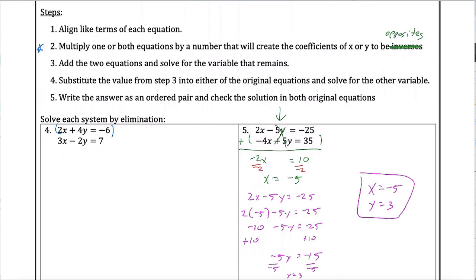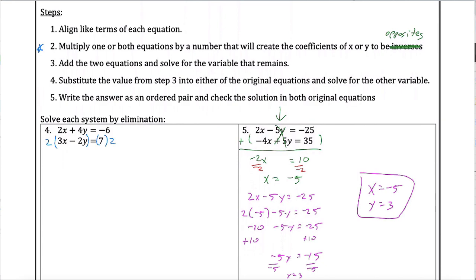I can multiply both sides of an equation by whatever I want. In this case, I'm not going to multiply the top row. What I'm going to do is multiply, in this example, the bottom equation. If I multiply both sides by 2, then those y values will match up.